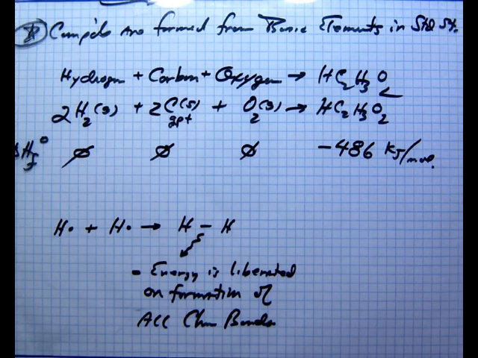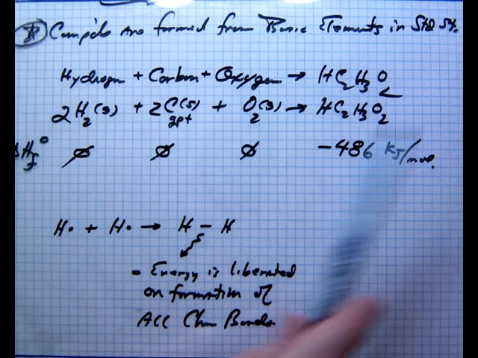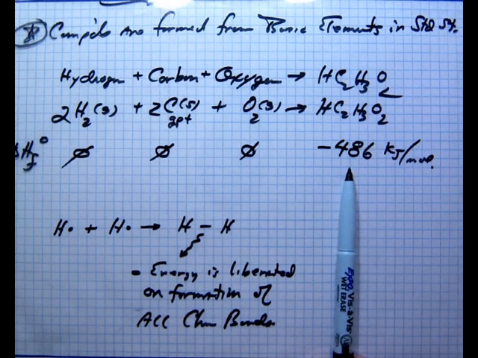Now if you want to break that bond, and you have so much energy out, you put in the same amount of energy to break the bond. Okay? So when we look at acetic acid up here at a minus 486 kilojoules, that's the way it's designated in our heat and thermo.